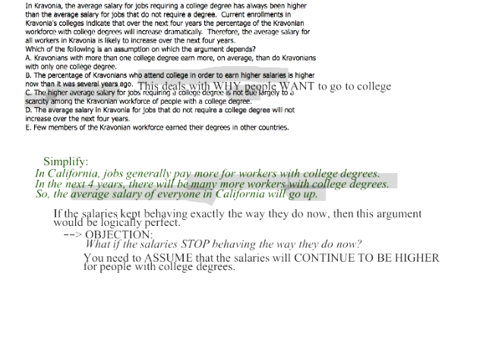Not due to a scarcity of people with a college degree. What that means in simpler terms is the current salaries aren't high just because there are so few college-educated people.